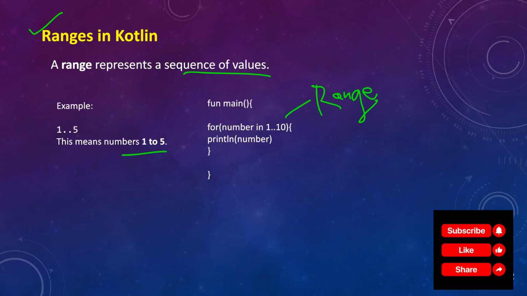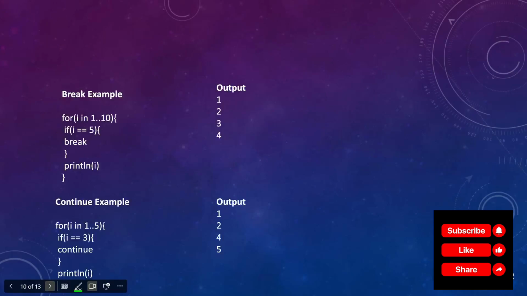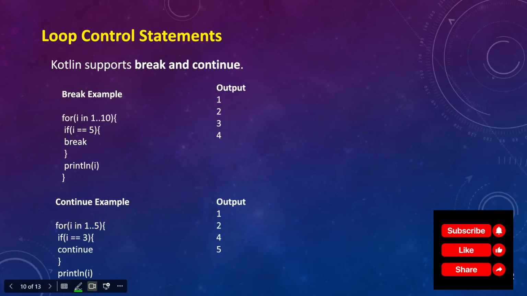Next is loop control statements. Kotlin supports break and continue. Very important: whenever we want to break the current loop or continue that loop, these keywords are used. For example, for i in 1 to 10, when the i value becomes 5, the execution of the for loop will break.